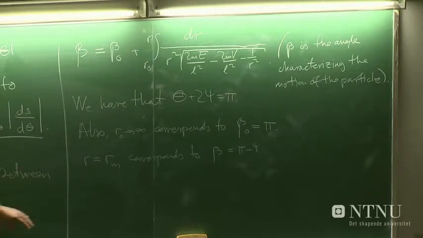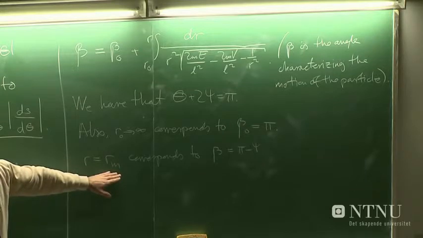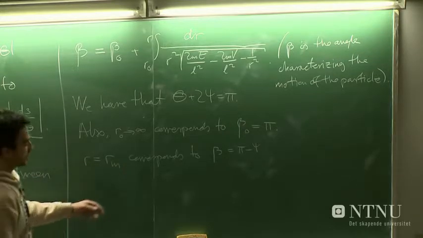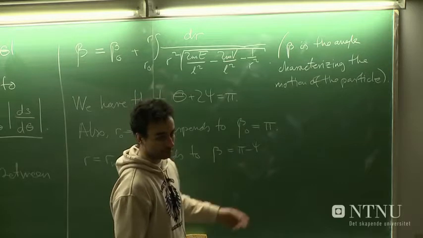And similarly, if R is equal to this perihel value, the minimum value of R, it corresponds to beta being equal to pi minus psi.